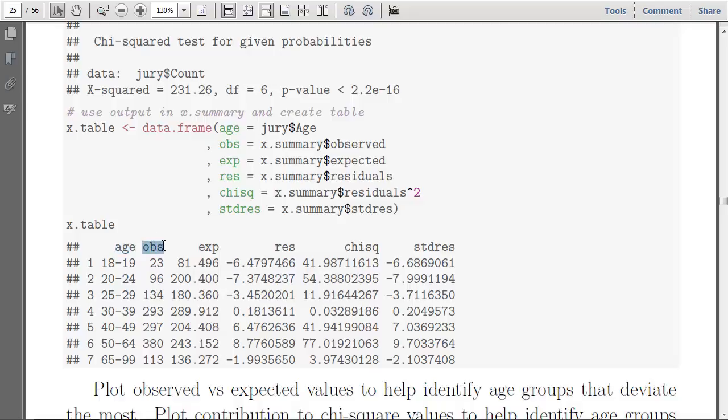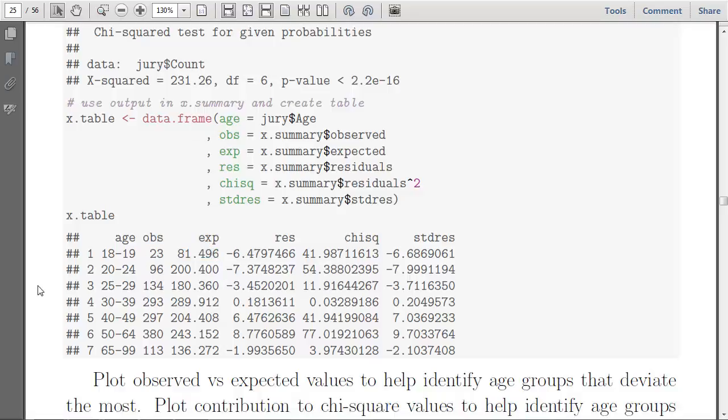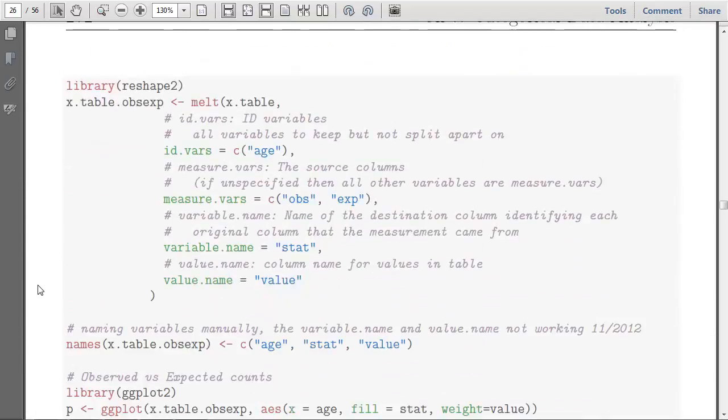We want to plot both observed and expected. And we need to reshape this so that all of these observations for the observed and the expected fall into a single column. And then we'll need to create a third column that indicates whether the number is from the observed column originally or from the expected column originally. And that's what melt is going to do for us here.